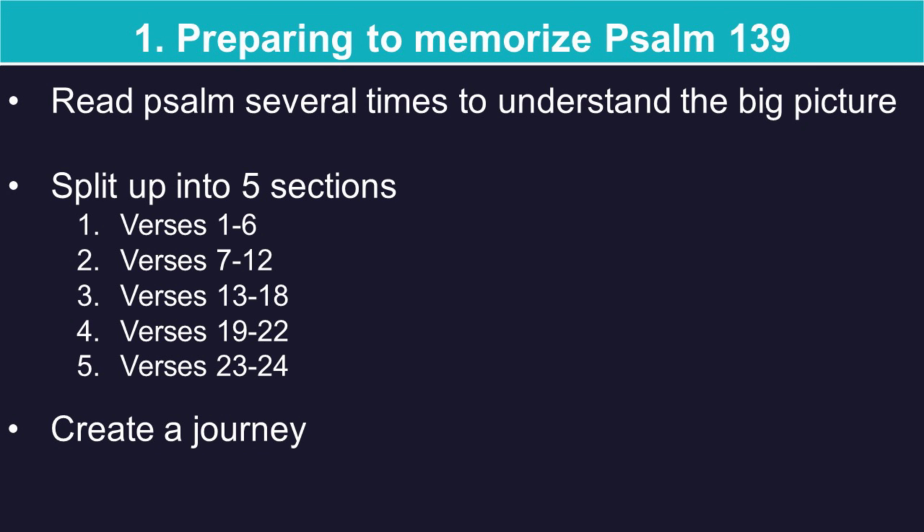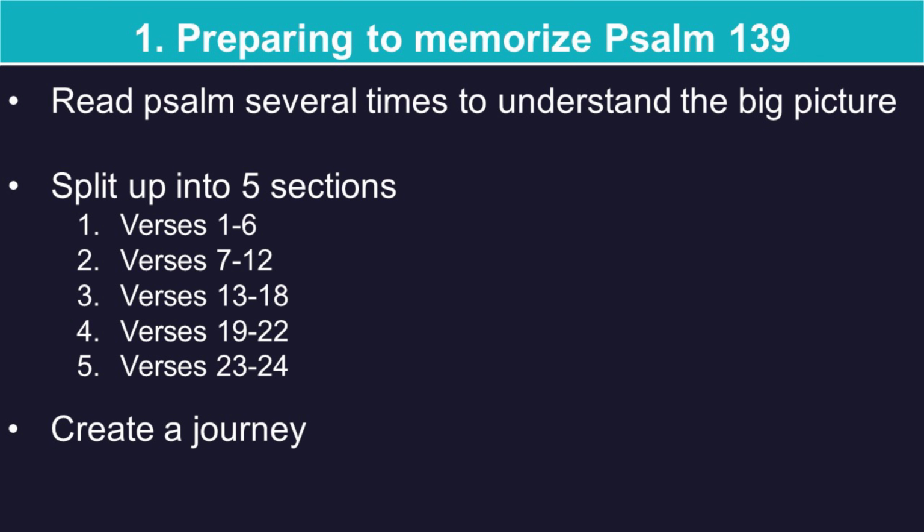So first, how can we prepare to memorize this psalm? First, read it over a few times to understand the big picture. Some Psalms of David correlate with a text from 1st or 2nd Samuel, but not for this psalm. If there was, though, I would read that text as well. My study Bible provided an outline that divided the psalm into sections, so I learned the psalm in these 5 groups.